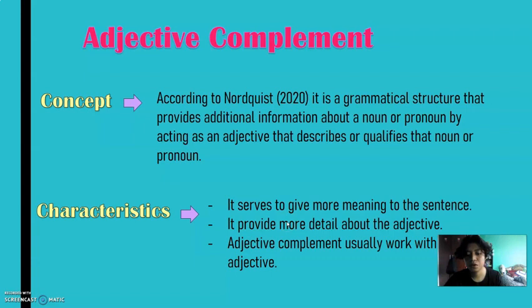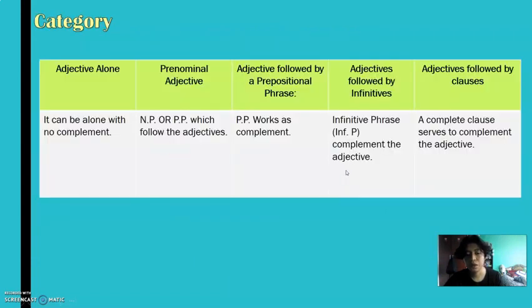Okay, continue, and we have a category with 5 points. The first is adjective alone. It can be alone with no complement. Pronominal adjective is a noun phrase or prepositional phrase which follows the adjective.